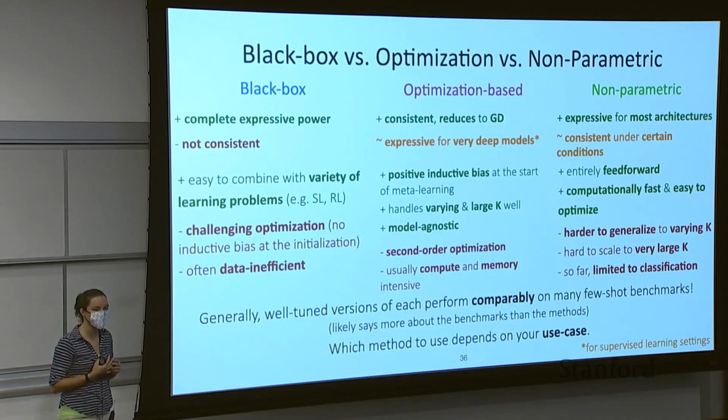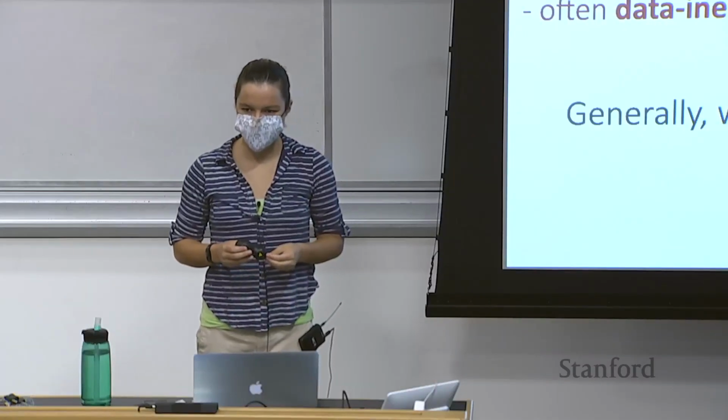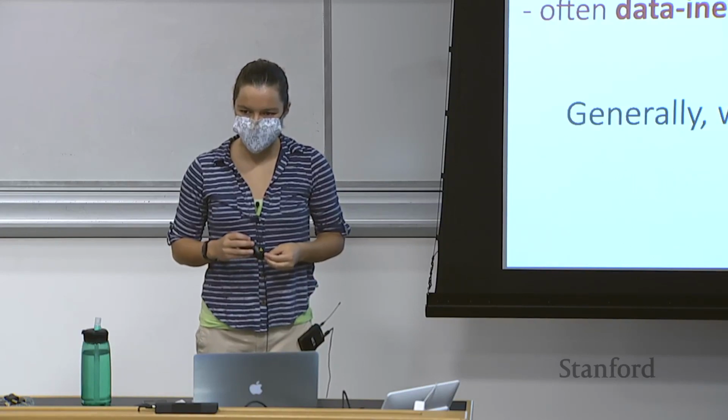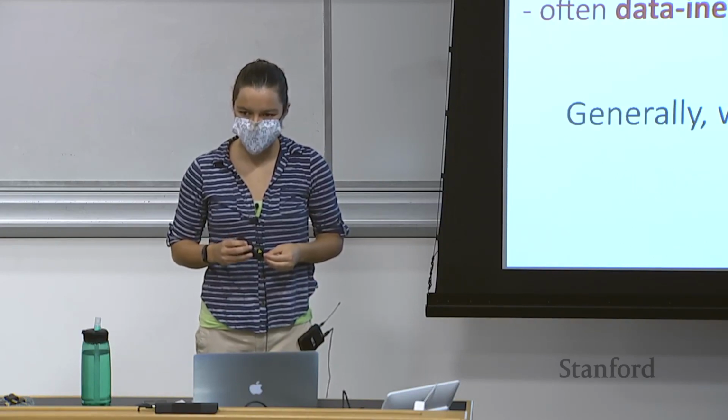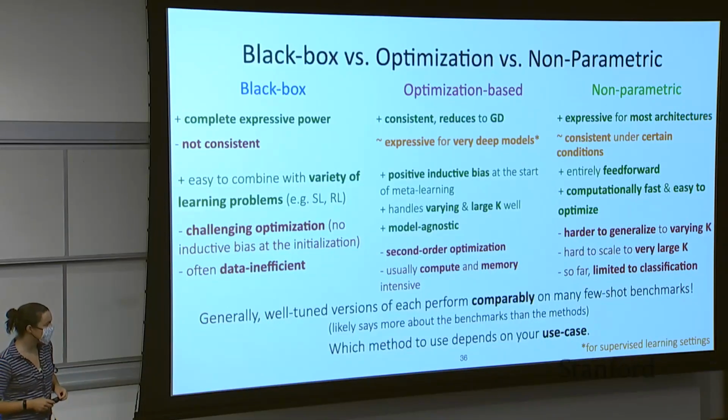Yeah? I may have missed why the non-parametric approach is not super effective with varying k. Yeah, that's a good question. I think this is more of an empirical observation than anything theoretical about them.